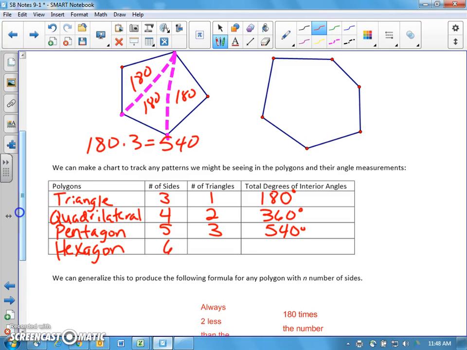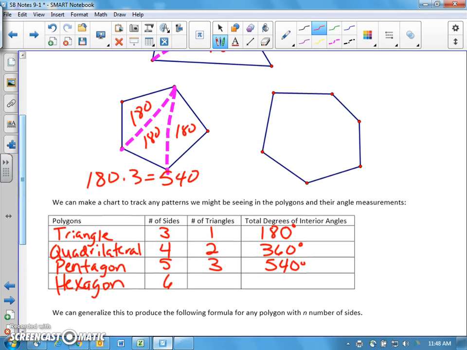A hexagon has 6 sides. Hopefully when you drew this, you found that you had 4 triangles. So what we should be doing here is 180 times 4, and so we're going to get 720 degrees. So let's look at how we can use this to find the total degree measure of any polygon.